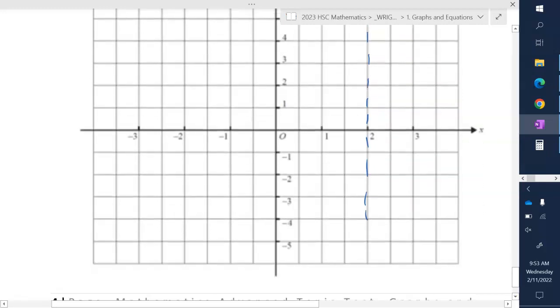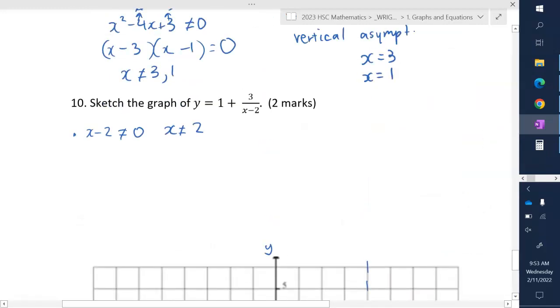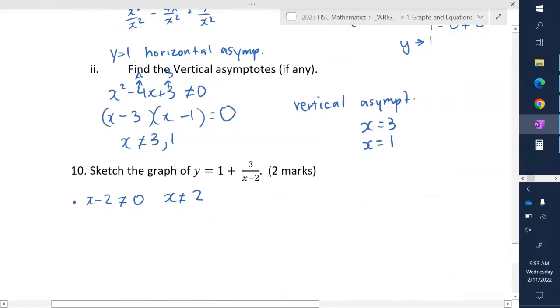Y up there. Now looking at that graph, you should feel fairly comfortable after the amount of graphs that we've done that it's a hyperbola. So remember, y equals 1 over x is a hyperbola. We've got y equals 3 over x minus 2. It's a hyperbola that is translated to the right by 2, and it's shuffled up by 1.